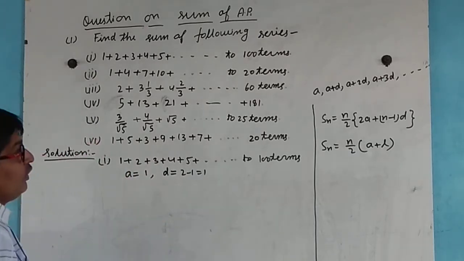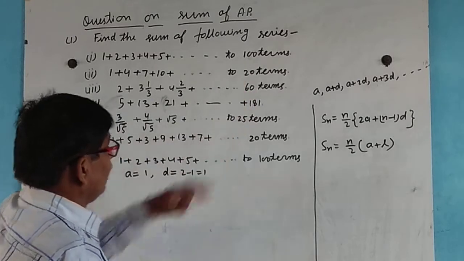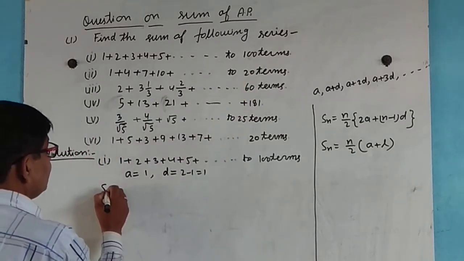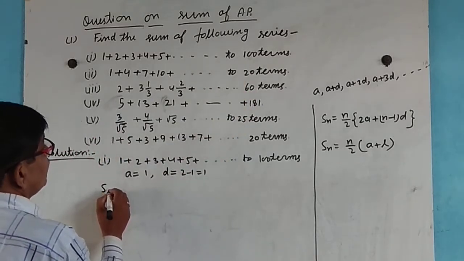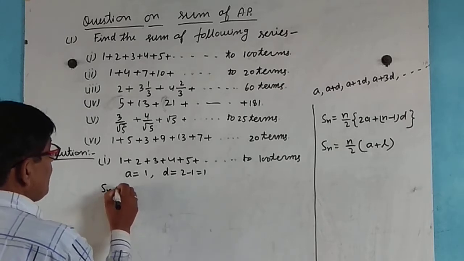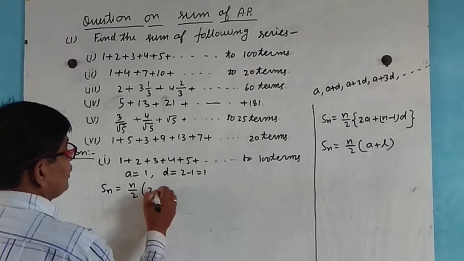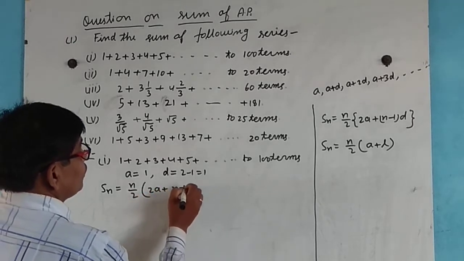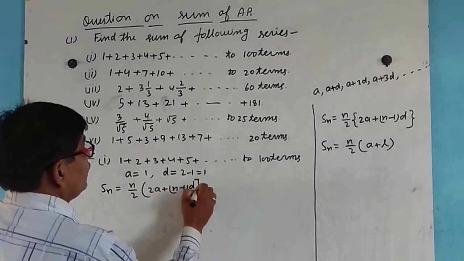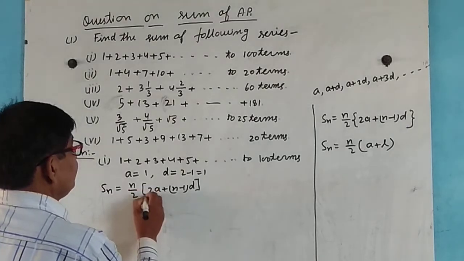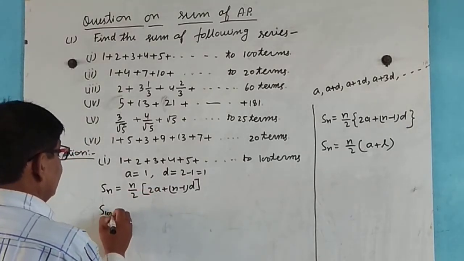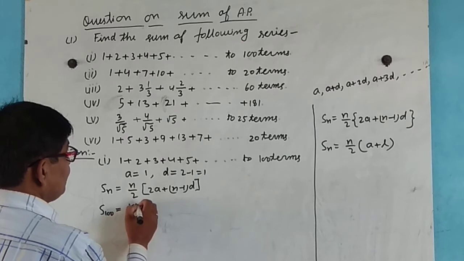So we have to obtain 100 terms. Sn equals n by 2 times bracket 2a plus n minus 1 into d. Here, 100 equals 100 by 2.